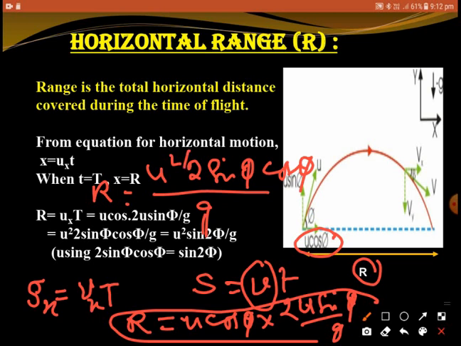So this twice sine of phi cosine of phi can be replaced by sine of twice phi. Why?